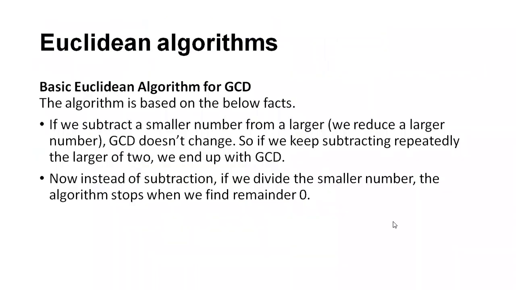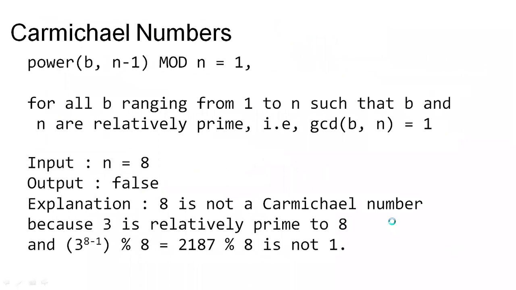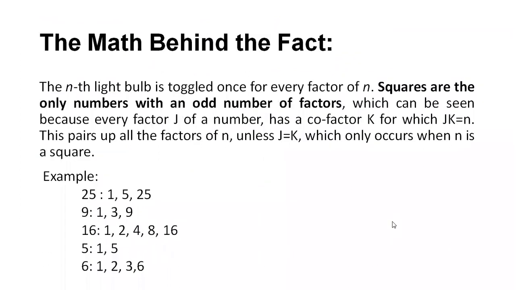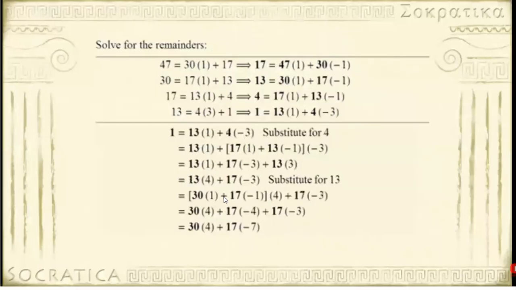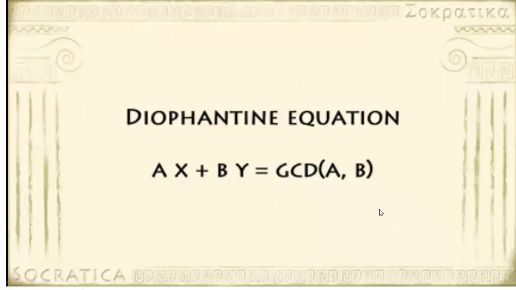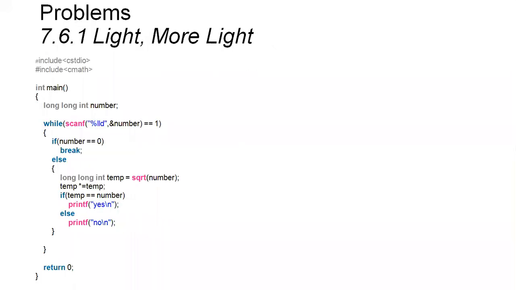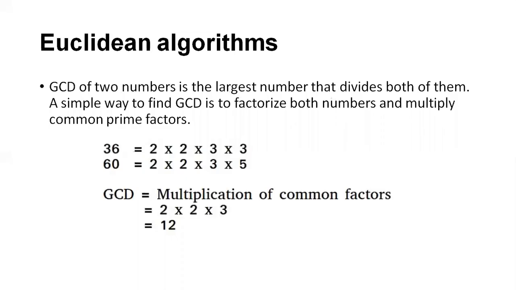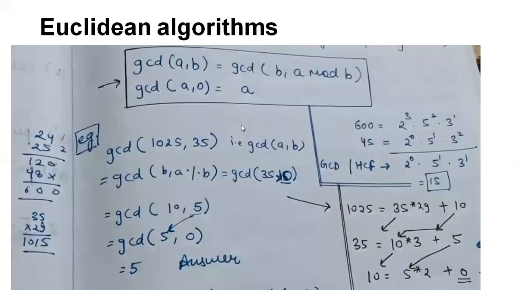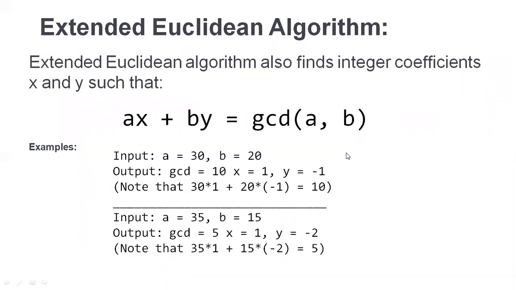Here we have to calculate the value of x and y in the equation ax plus by equals GCD of a comma b. So similarly here you could see ax plus by equals GCD(a, b).